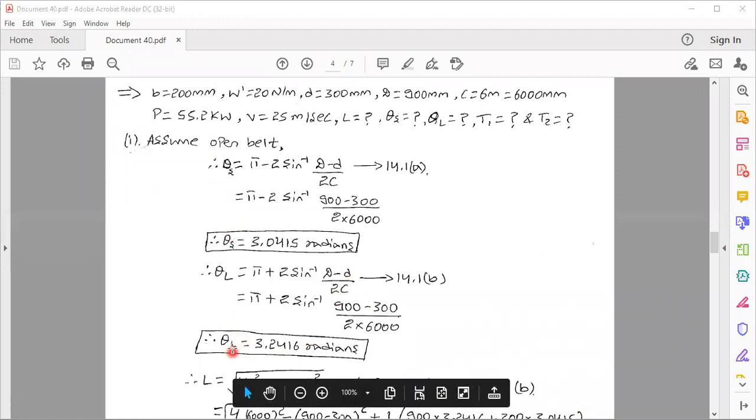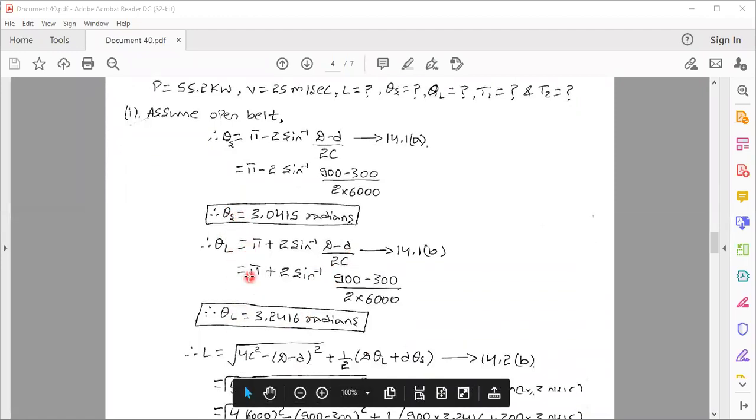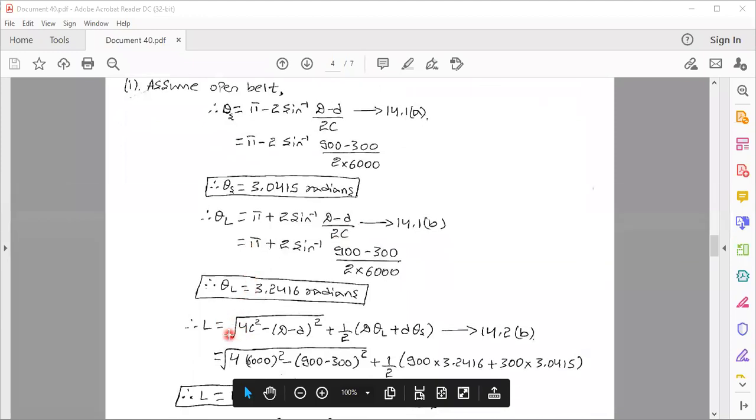Once you get both the angles of contact, next you can use the length of the open belt drive formula from 14.2b. In this, center distance is given, diameter of the larger pulley is given, diameter of the smaller pulley is given. Substitute that. The angles of contact for the larger and smaller pulleys are already calculated.